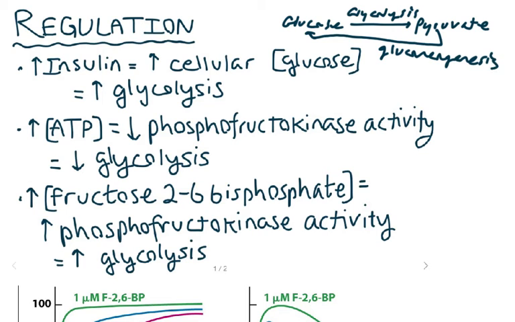So this is essentially an equilibrium. So if we put more glucose into our cells, this is Le Chatelier's principle, right? This is saying that if we add more glucose, the equilibrium is going to want to shift toward the products and do more glycolysis. So that's the way the insulin ups our glycolysis rate.